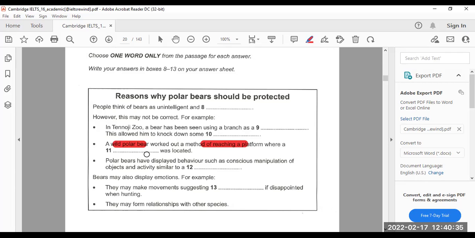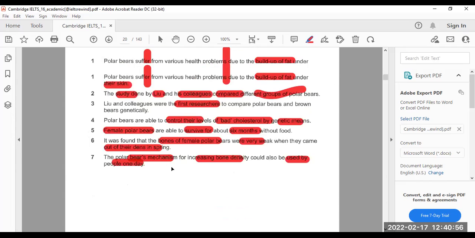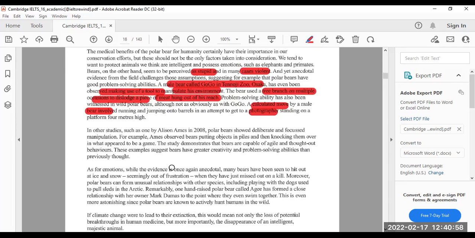Next, polar bears displayed a behavior such as conscious manipulation of objects and activity similar to dash. Here again, I have the words conscious manipulation of objects and activity. So with these keywords, I go to the passage.